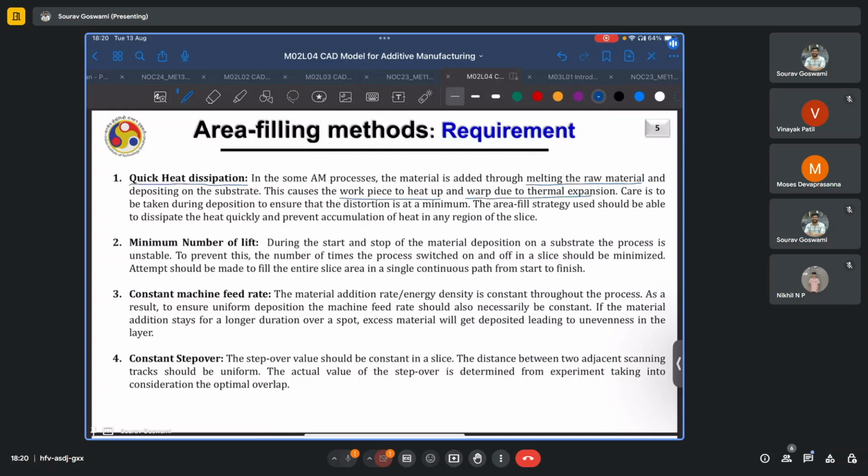And what this means is that earlier you have planned your entire process for depositing on a flat substrate. So you're building just this cuboid, but now your substrate has warped.